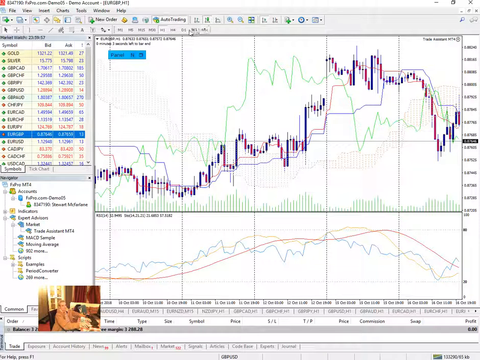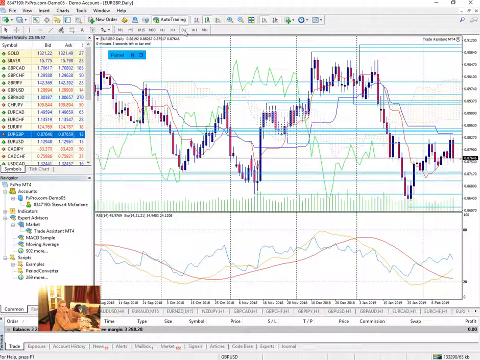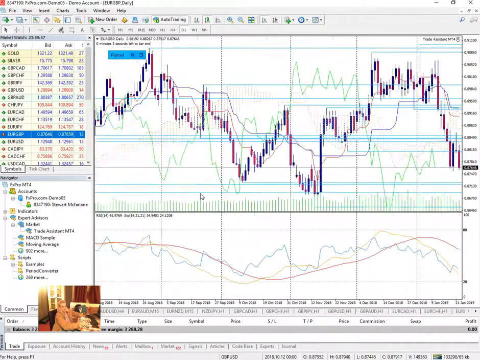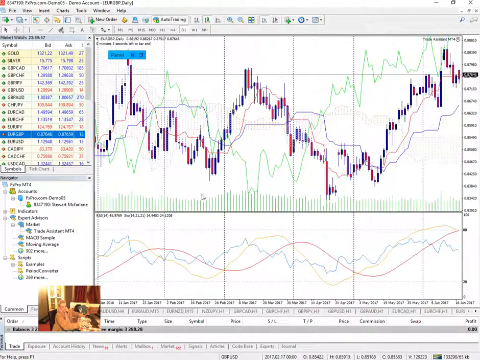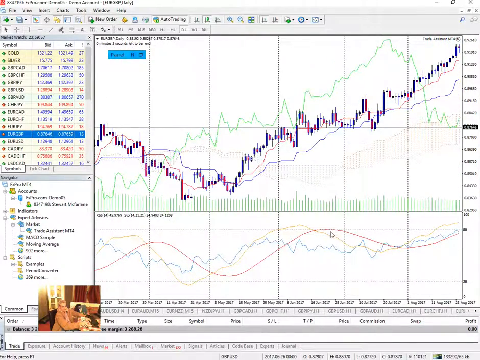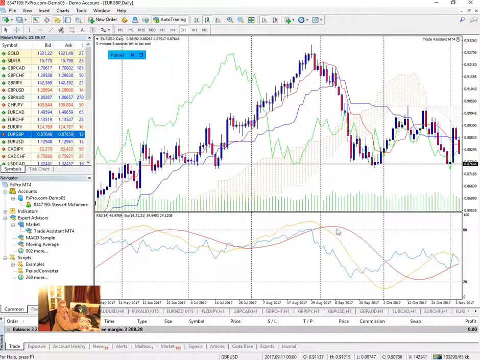Have a look at the higher time frames and see if that helps in any way. That one definitely.